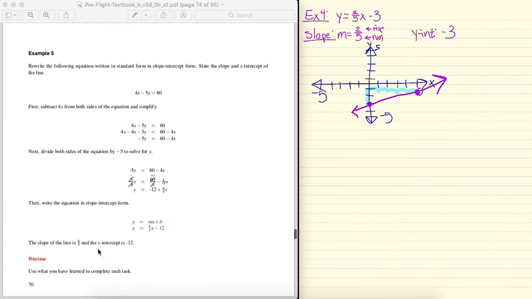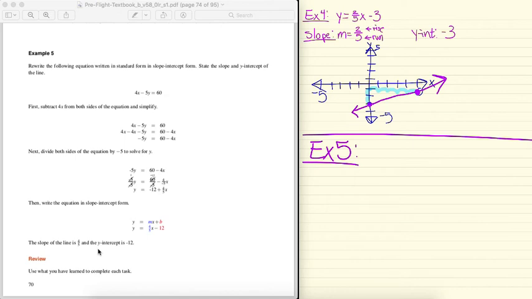All right, last problem, example 5. Example 5 says to rewrite the equation that's written in standard form in slope-intercept form, then state the slope and the y-intercept.